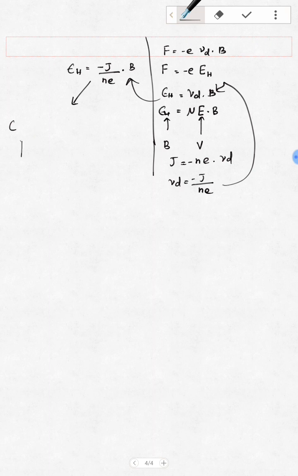Suppose I take a conductor, the thickness is given as T and the length of the conductor is given as L. What is the area of the conductor? For example, this is a conductor extending behind and front.